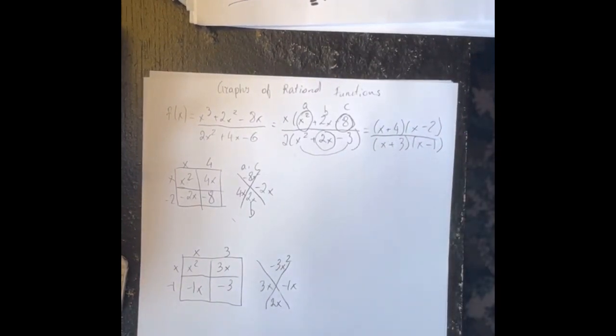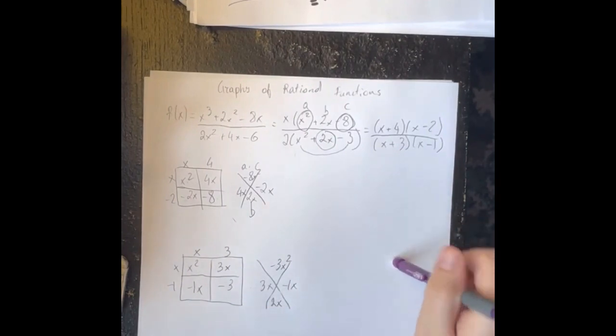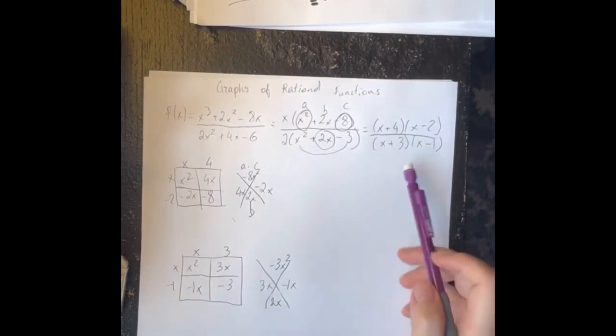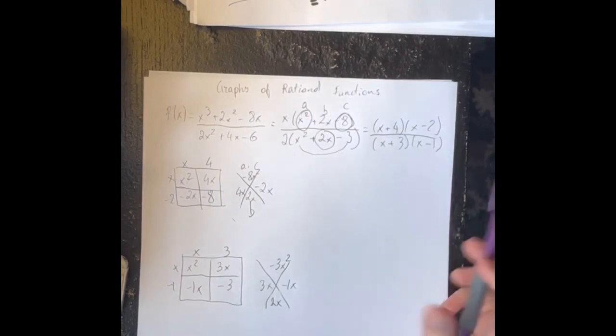And now we're going to the final steps. Before I go any further, I want to mention that discontinuities are the numbers that x cannot be. And we are trying to find the discontinuities. So you need to be careful when you do this. To find discontinuities, we need to cancel out those numbers.